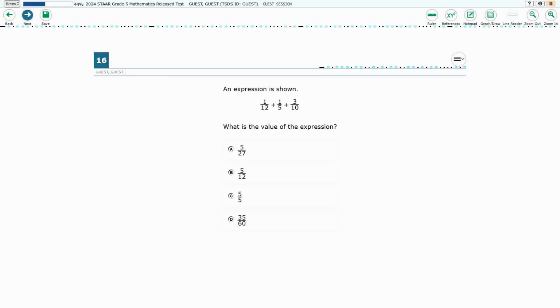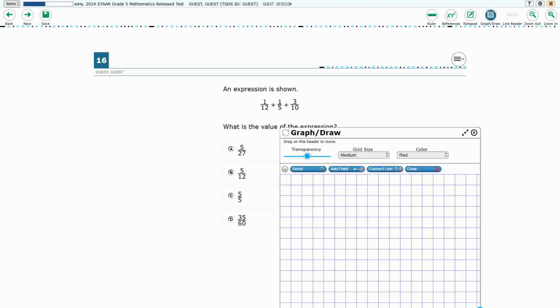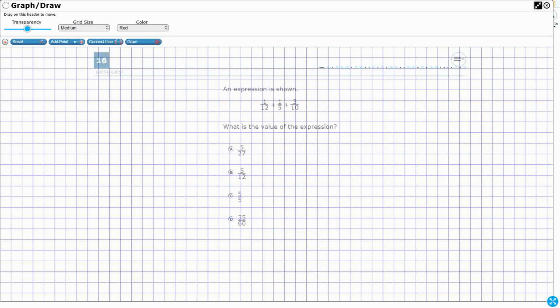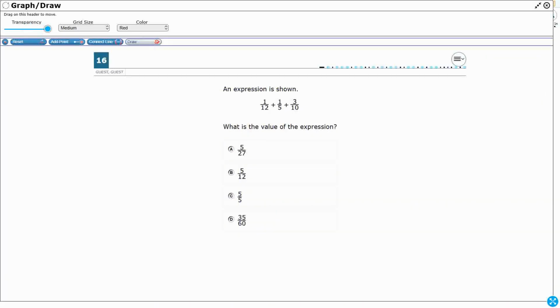So next, we are looking at number 16. This is adding and subtracting fractions with models. In this case, our model is simply going to be an equation. So how do we add these three? Well, I've got twelfths, I've got fifths, I've got tenths.